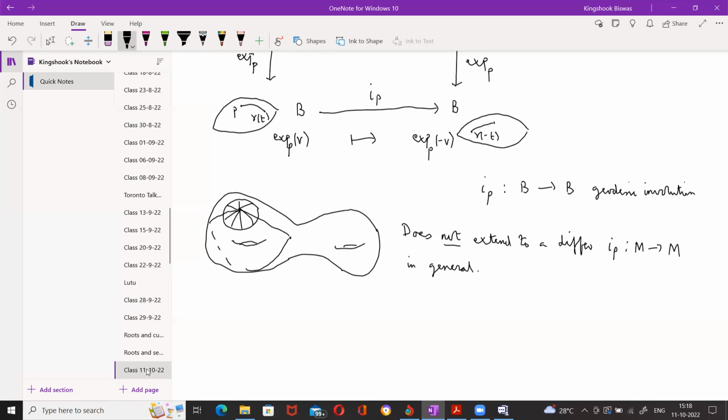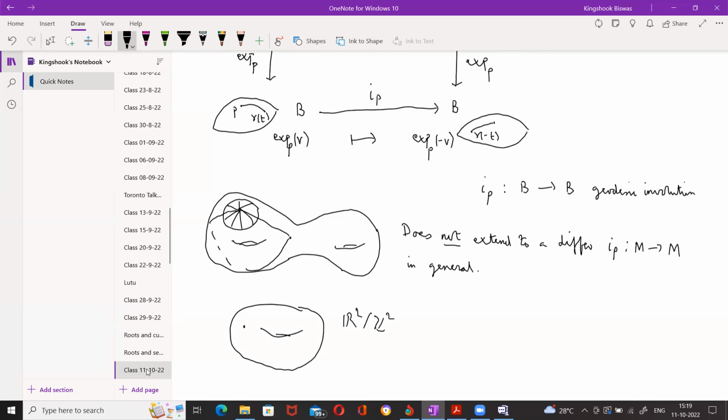There are some special situations where it does. For example, if I take a flat torus, not just any torus, but a flat torus, R2 mod Z2, in this case, it does extend.